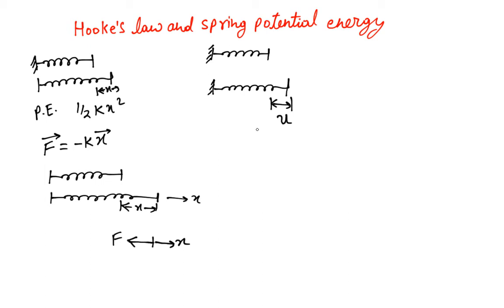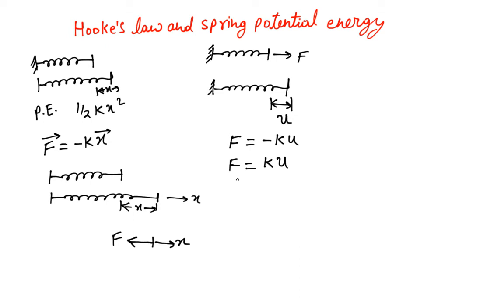For this particular state, we know the spring will be producing a force minus ku, but we will actually be producing, we are trying to stretch it in this direction, so the force we are providing is going to be ku, because the force we are providing is going to be in this direction. The spring is trying to oppose it in the other direction.